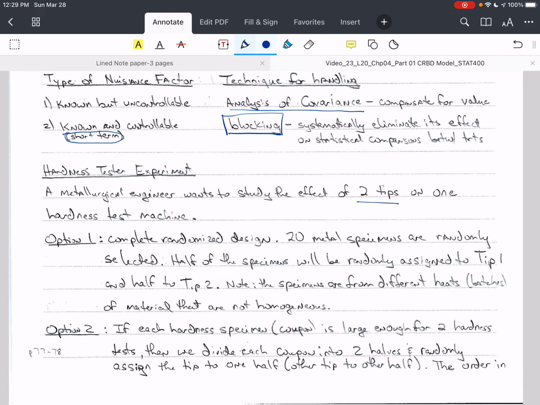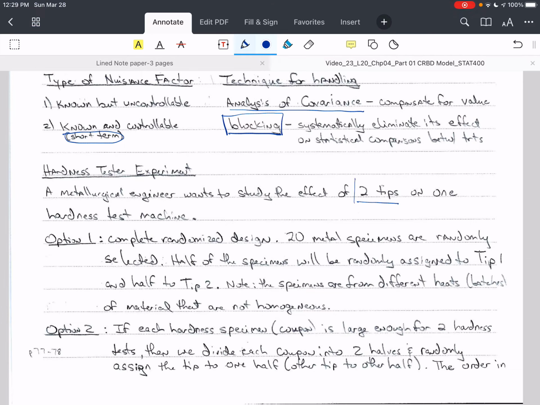We press this pointed tip into the metal, and we measure the depth of the tip, and the depth of the tip determines the hardness. If it's a very shallow depth, then the tip couldn't penetrate the metal very far, and thus it's a harder material. And if the tip goes further, then it's a softer material. Okay, so that's how a hardness tester works.